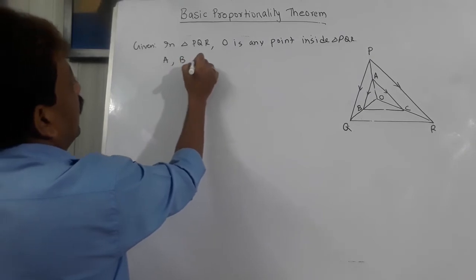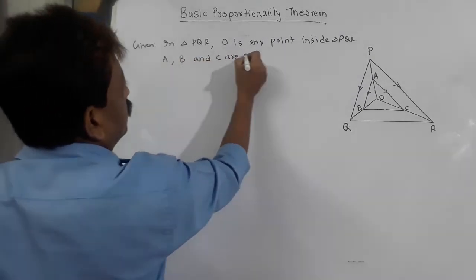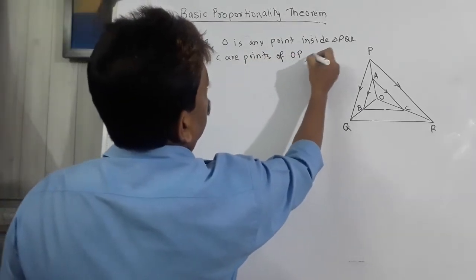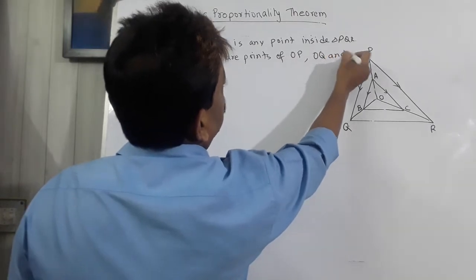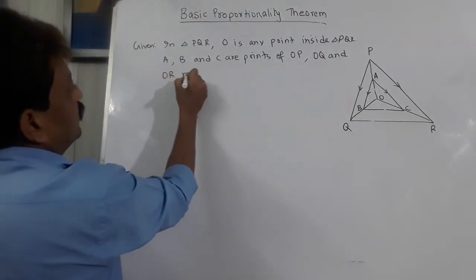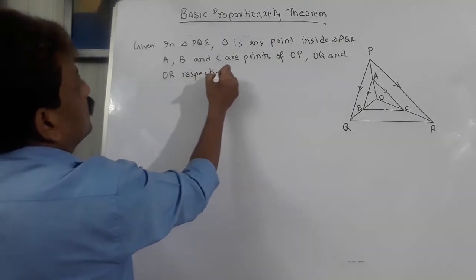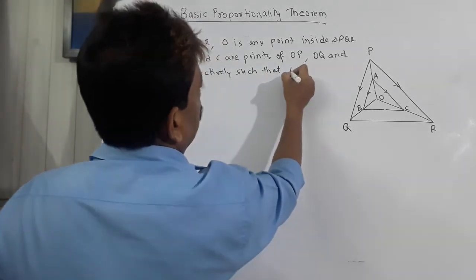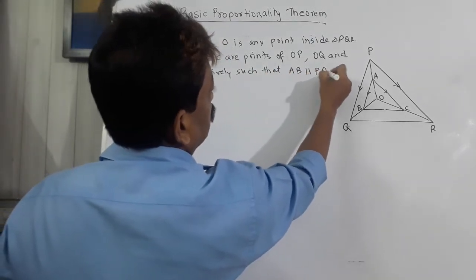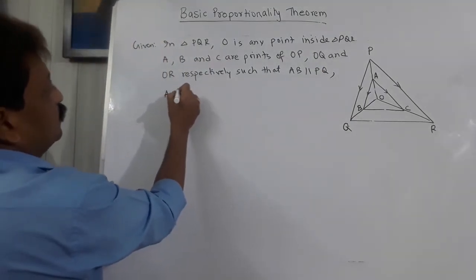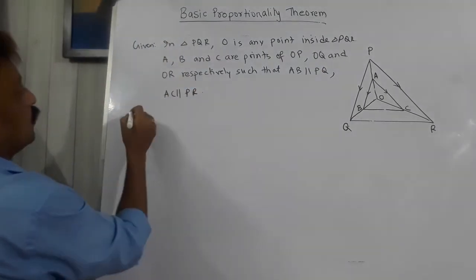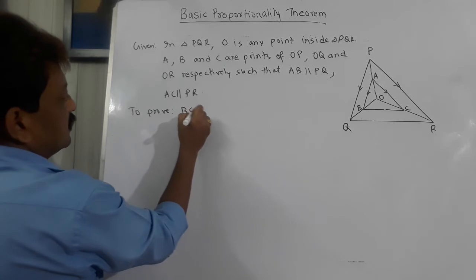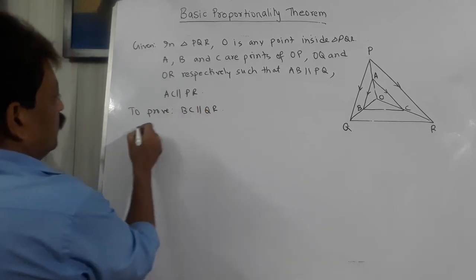A, B and C are points on OP, OQ and OR respectively, such that AB is parallel to PQ, AC is parallel to PR. We have to prove BC is parallel to QR. Now the proof.